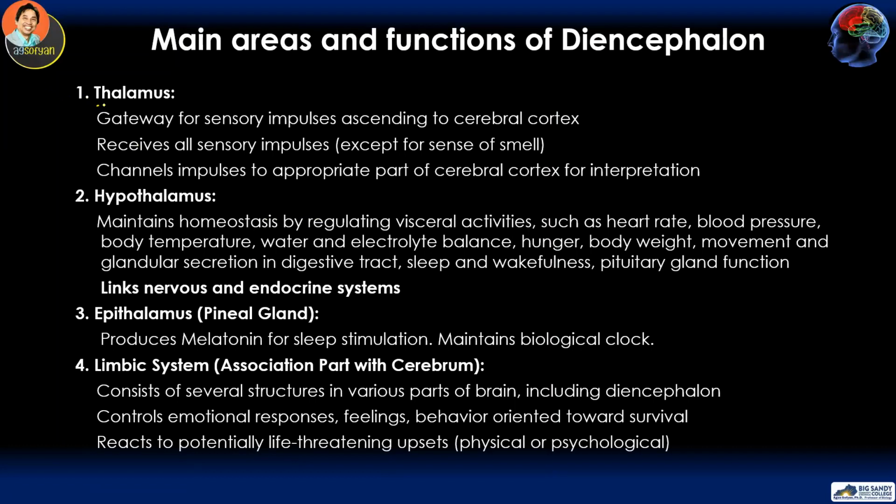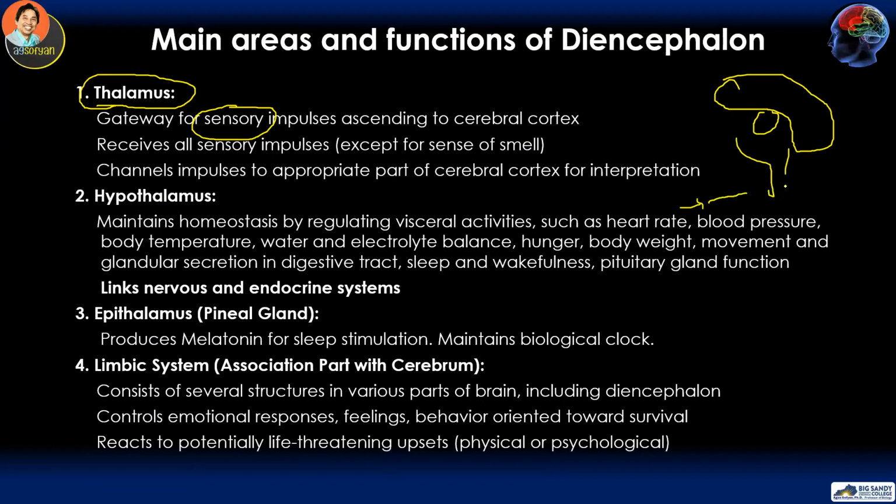We start with the biggest part, the thalamus. It has a very important function for sensations. All sensations, before going to the cerebral cortex, will go to the thalamus first. If somebody touches your skin, for example, the information will be carried into the spinal cord. The interneuron in the spinal cord will carry that information to the thalamus first.